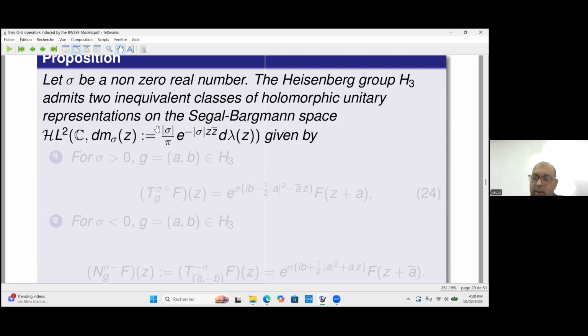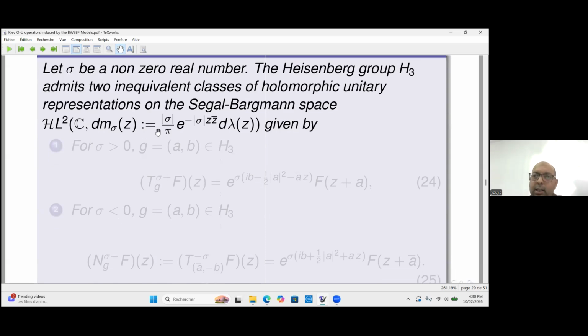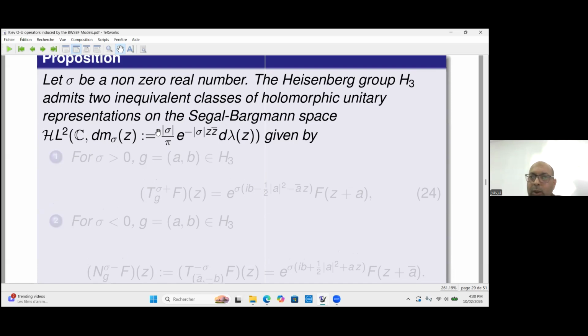So in this result, there are exactly two inequivalent classes of holomorphic unitary representation.